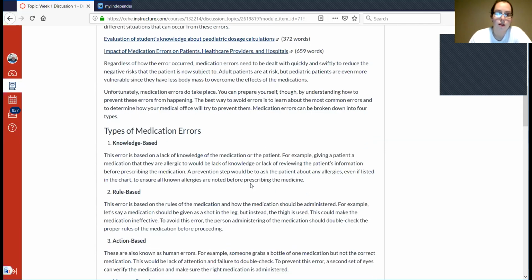Sometimes the types of errors are based on things like what are reasonable doses, what about the route of administration. So each medication needs to be checked. And today with the online systems, that's easy to do. But you need to be able to understand how to take a drug.